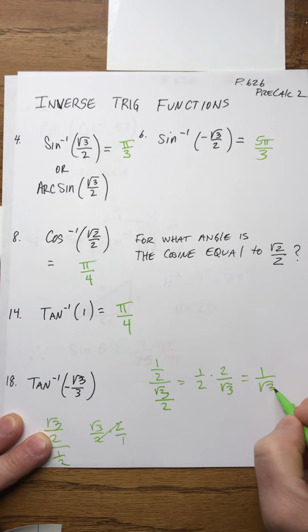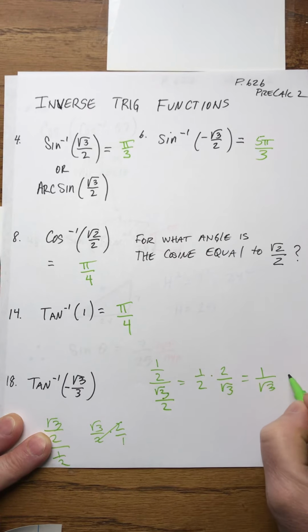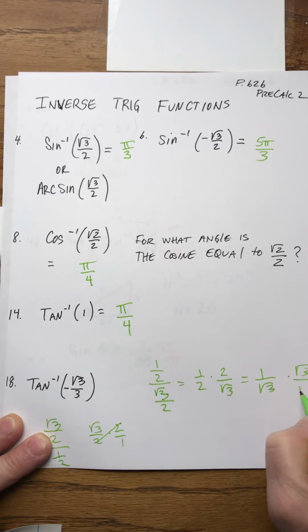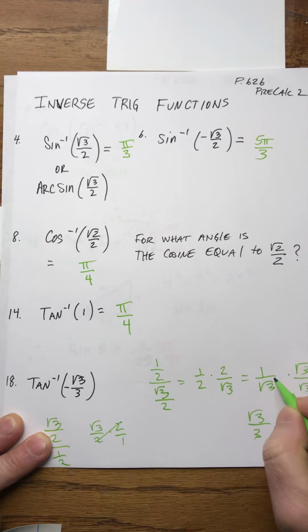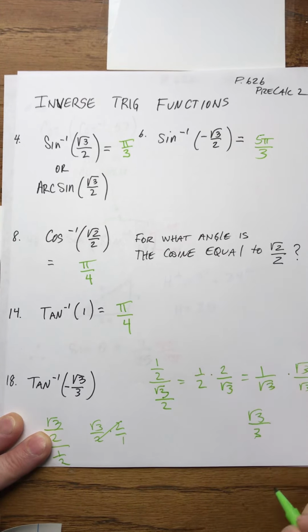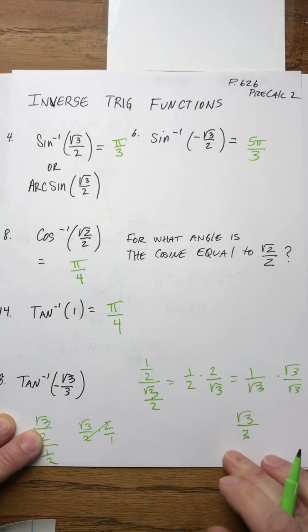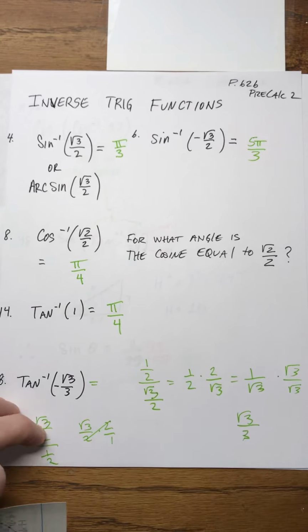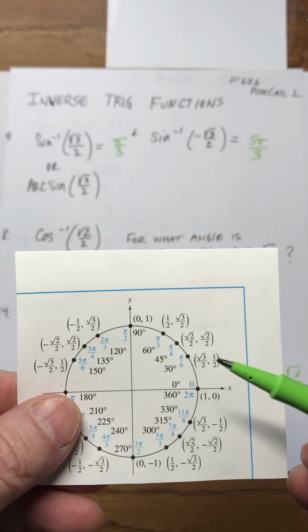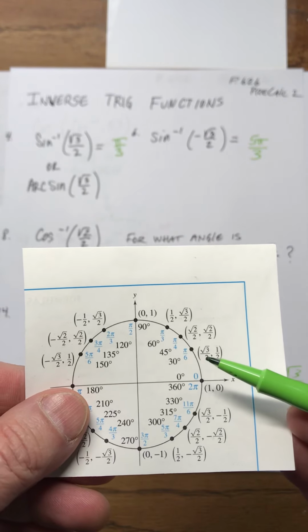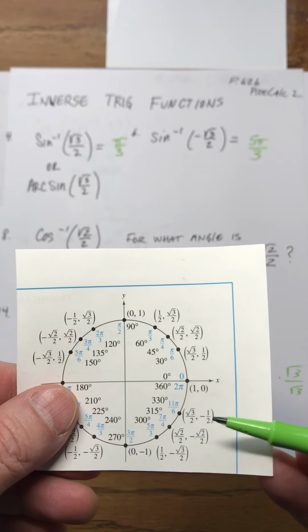If I rationalize this number by multiplying the top and the bottom by the square root of 3, we get square root of 3 over 3. See that, square root of 3 over square root of 9, which is just 3. So this one came out to be that angle where the y-coordinate was 1/2, and the x-coordinate is this, but it's negative. I need it down here.